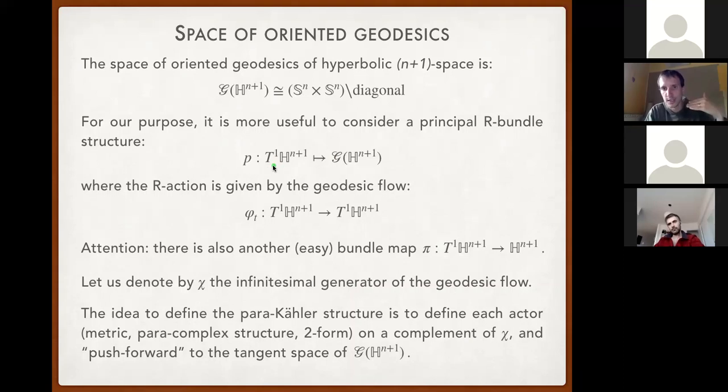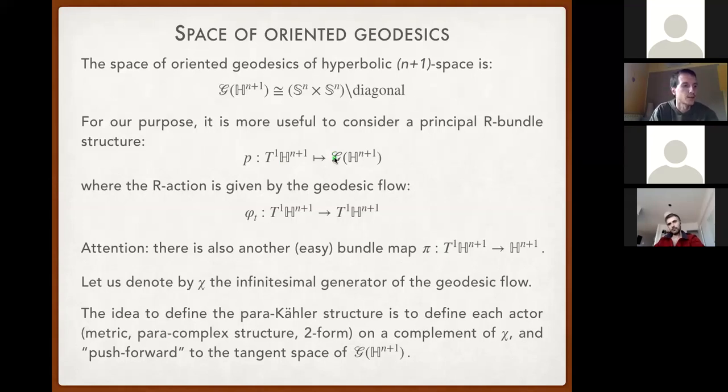And then we use the differential of the projection to push this forward to the base. Of course, we have to show that this is well defined, that this does not depend on the point on the fiber. But this is the idea. So we define the objects in the unit tangent bundle on an orthogonal complement to the tangent space to the fiber, and then we show that we can push forward to the base.